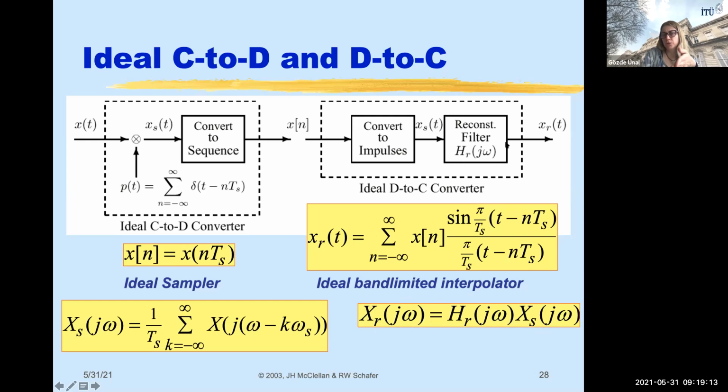Multiply the frequency response of the reconstruction filter by the spectrum of the sampled signal, and we get the spectrum of x_r. This first line in yellow was the time domain representation of these two operations. On the left, the time domain sampling was very simple to show: x[n], the discrete time signal, is equal to x, the continuous time signal sampled at every Ts seconds.